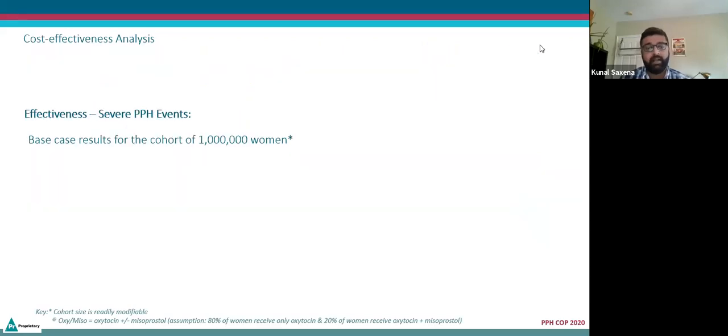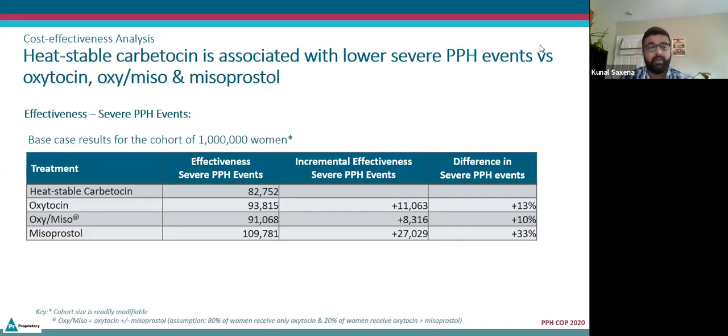Next slide, please. Now, looking at a subset of the earlier result, which is looking at only severe PPH events. The earlier slide showed the results for all PPH events. Now we are going to look at severe PPH events in this population. As we can see, the total severe PPH events associated with each of the 4 treatment options are in the second column, and then the incremental severe PPH events associated with oxytocin, oxymeso, and misoprostol.